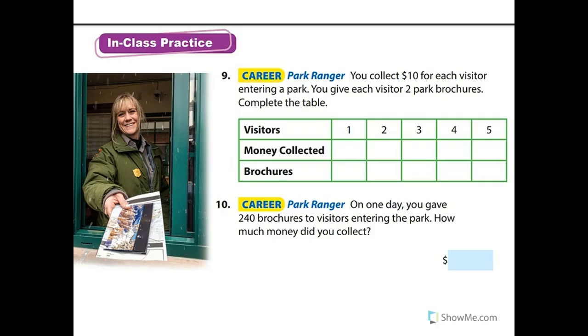Alright, you collect $10 for each visitor entering a park. You give each visitor 2 park brochures. Complete the table. So, one visitor, $10.